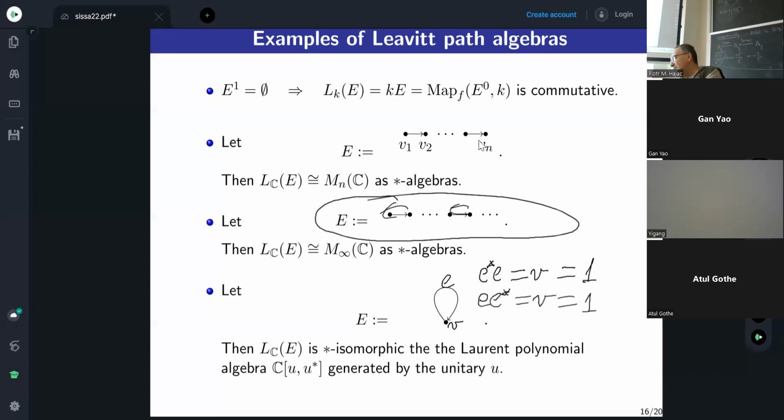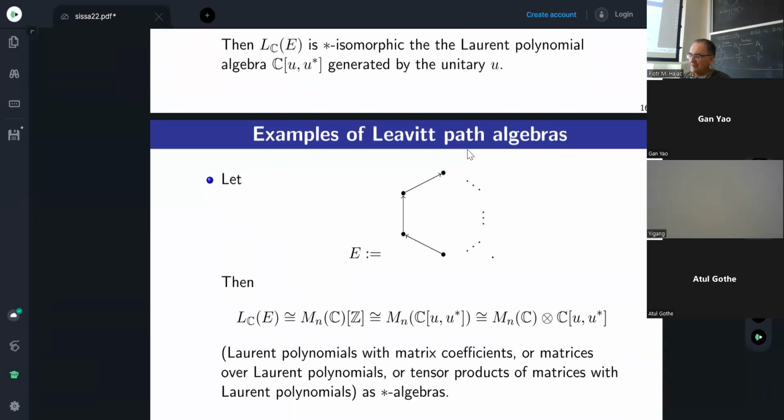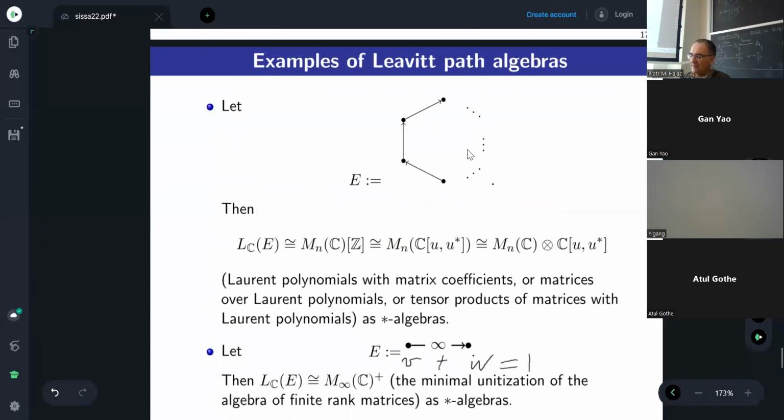What is obvious is what spans your vector space, but it's totally non-obvious what the linearly independent elements are. The answer is quite subtle, but we have an answer. There is a theorem, and once you know this theorem, you can easily prove that the Leavitt path algebra is really the matrix algebra. That's not trivial even with the basis theorem. And the same is true here.